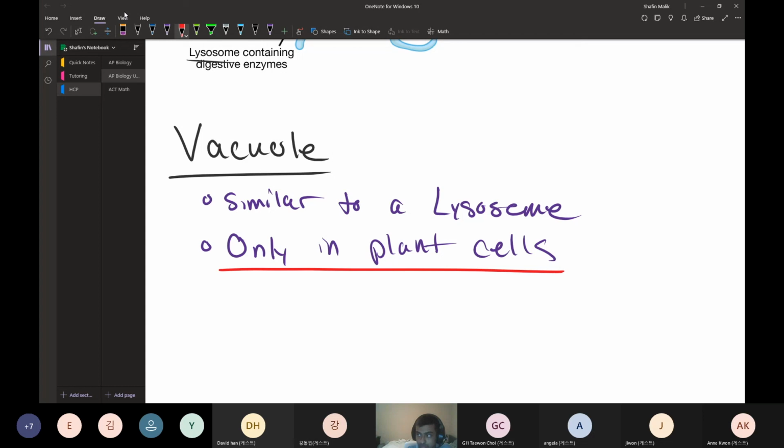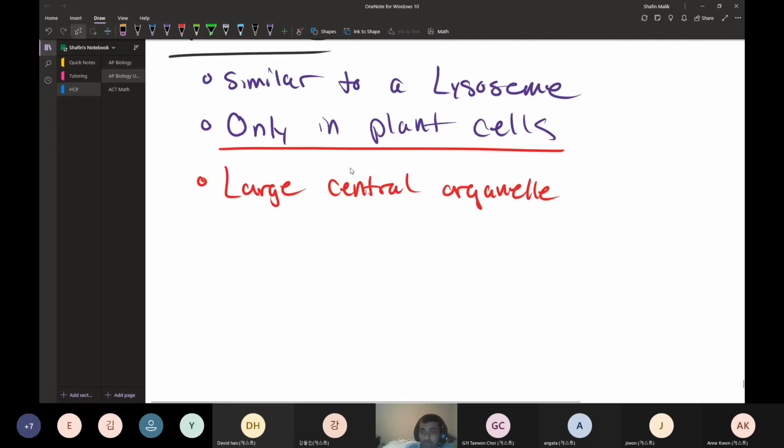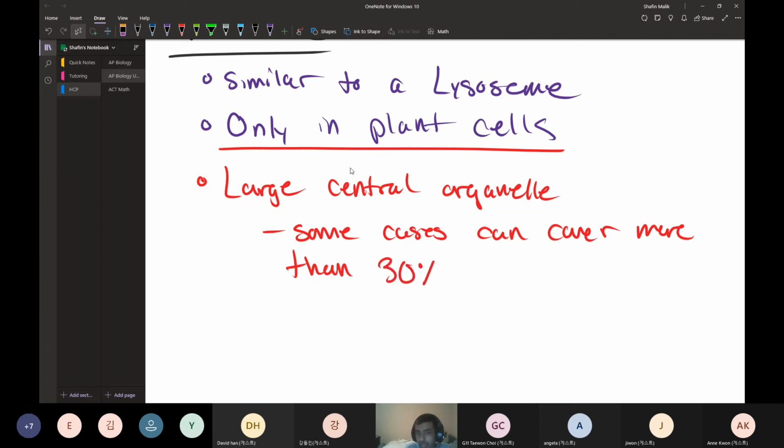Okay. And this is a large central organelle, which in some cases can cover more than 30% of the cell volume, or the cell's space.